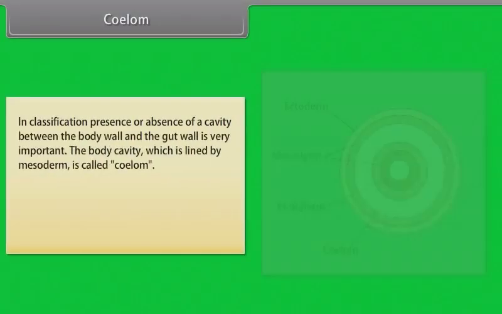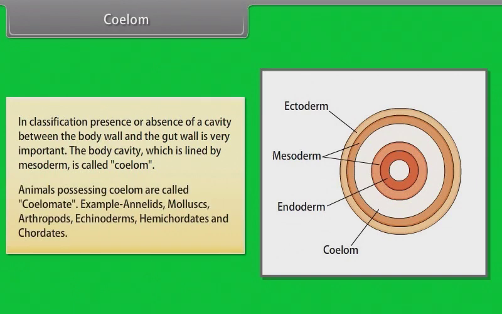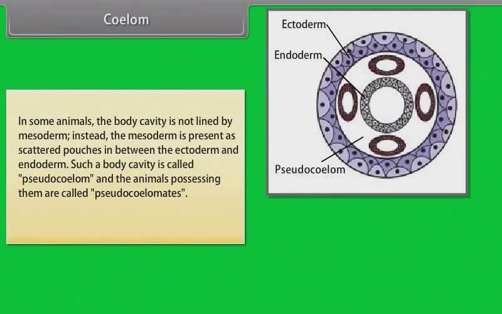Coelom. In classification, presence or absence of a cavity between the body wall and the gut wall is very important. The body cavity, which is lined by mesoderm, is called coelom. Animals possessing coelom are called coelomates. Example, annelids, mollusks, arthropods, echinoderms, hemichordates, and chordates. In some animals, the body cavity is not lined by mesoderm.